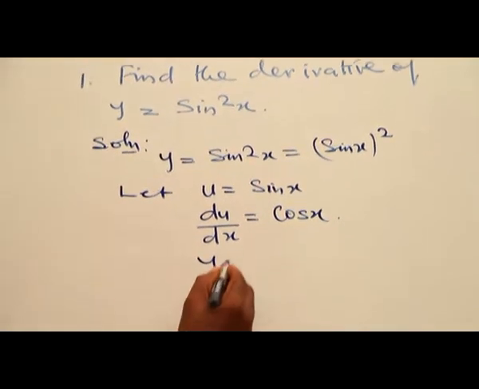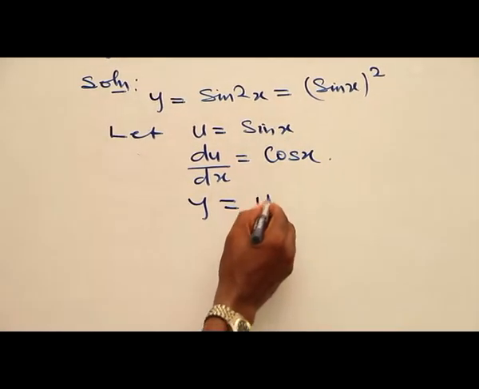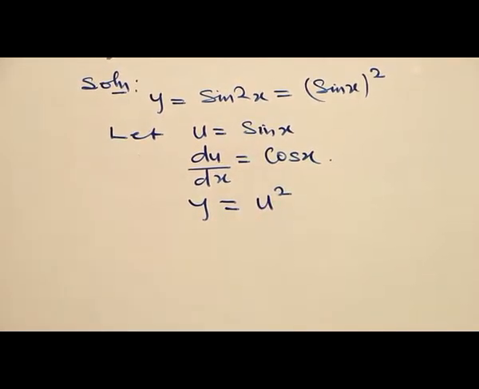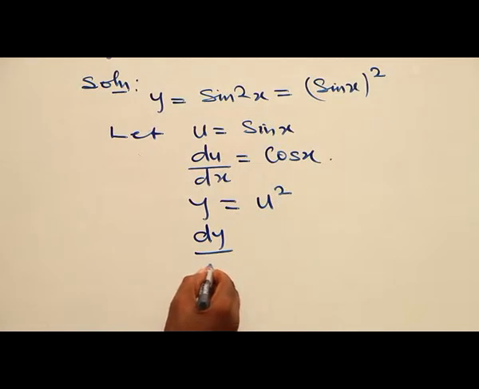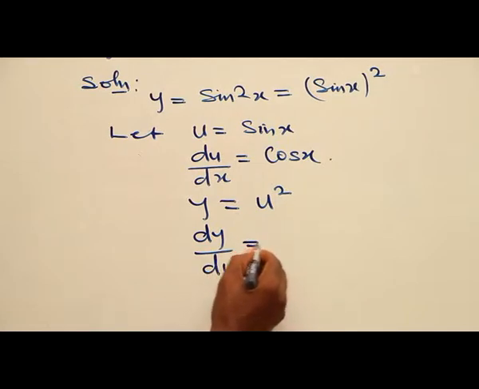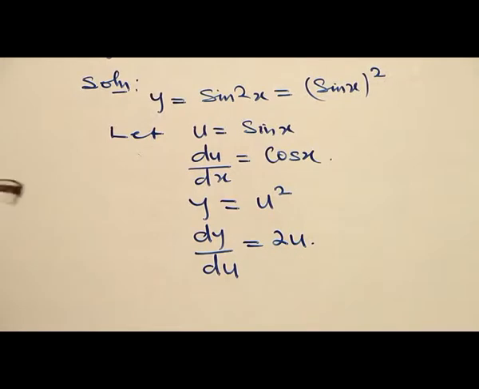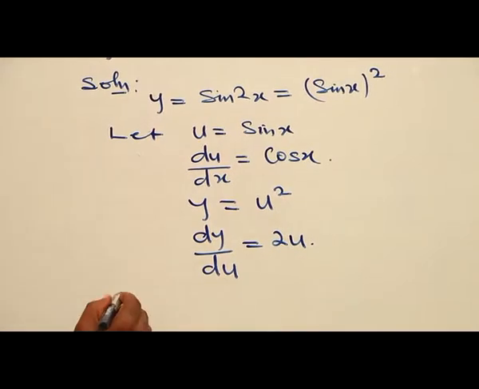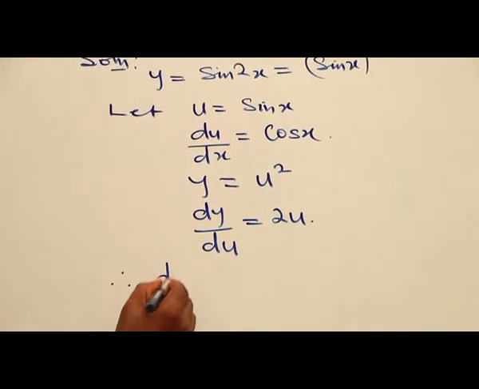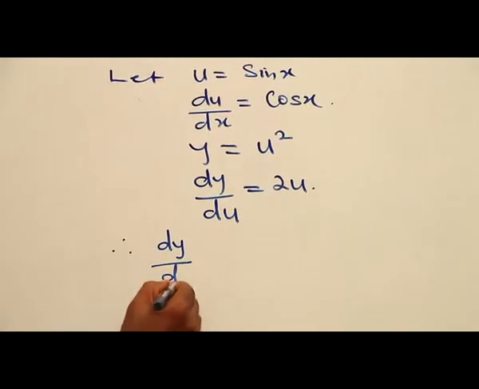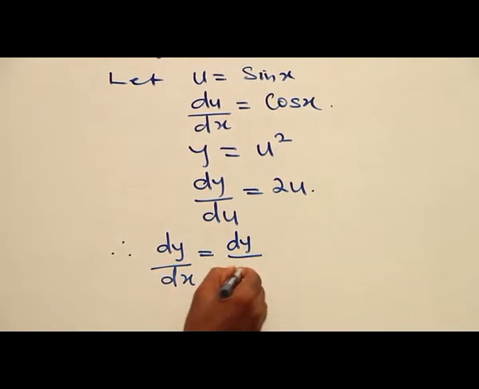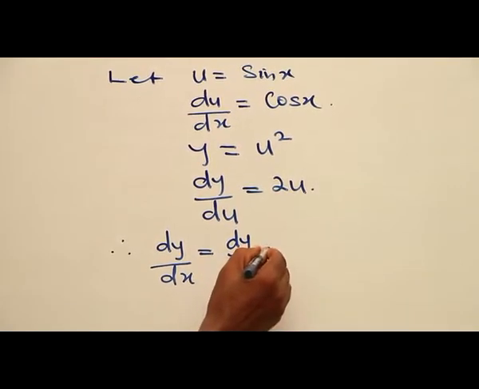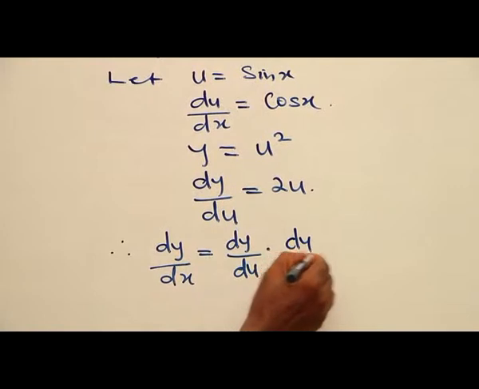So we now have y equal to u all squared. We will again differentiate y with respect to u, and that will give us 2u. Now our dy all over ds will be equal to dy all over du times du all over ds.